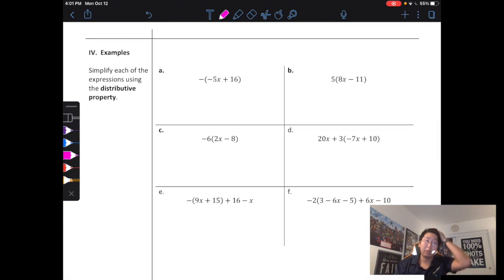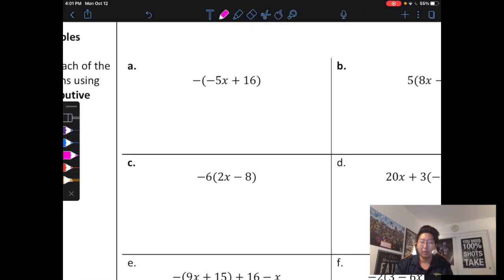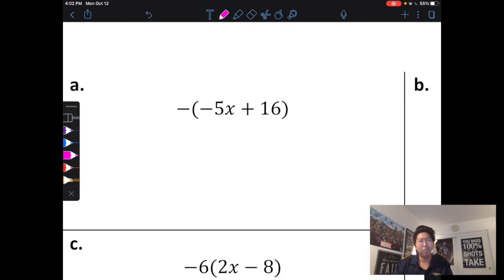I'm going to go over them really quickly. All right? Here is a negative. This looks familiar, right? This tells us we have opposite land. Right? And I'm going to tell you right now that this is a negative 1. Okay? So there's an invisible 1 right here. You just never knew. Okay? And so whenever we multiply a negative, and it's times 1, anything times 1 is itself, right?